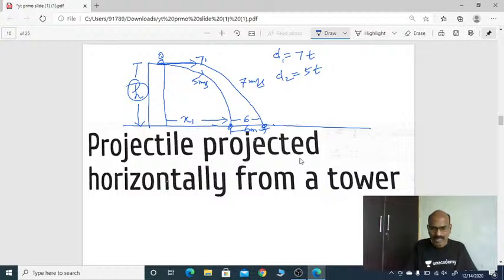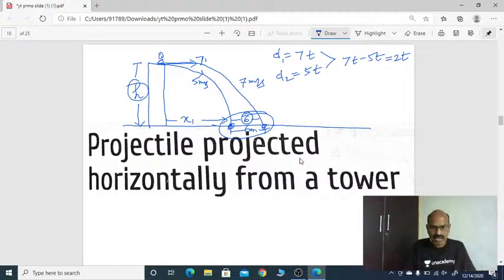Now the distance between the two is given as 6 meter. What is the relation here? The difference is 7t minus 5t, that is 2t. Both have different velocities but the time taken is the same.